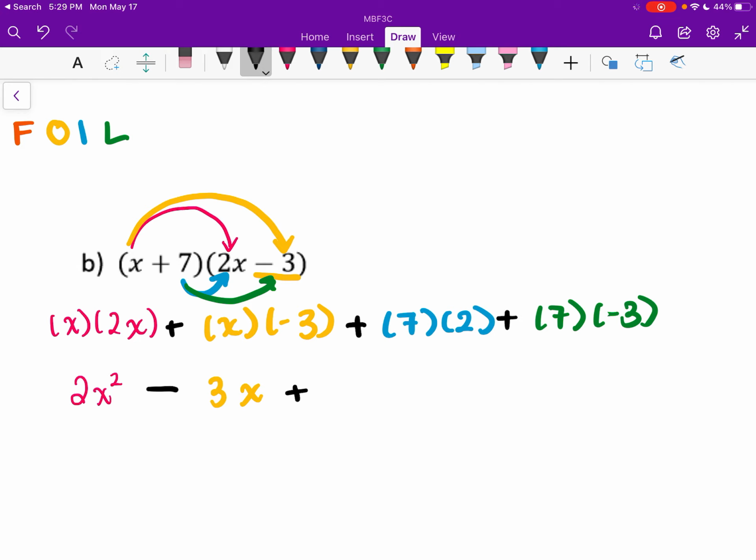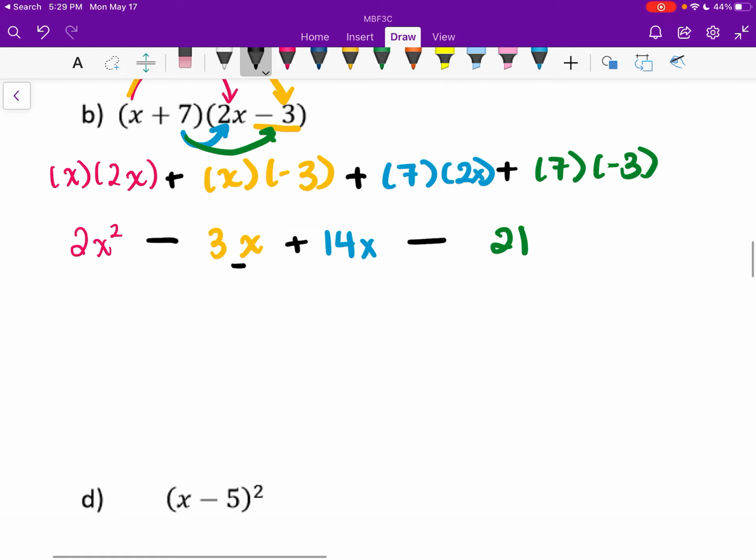Plus 7 times 2, which is going to give me 14x. Oh sorry, that's 2x, so it should be 14x. Don't get that wrong. Plus 7 times negative 3 is going to be negative 21. The positive and the negative just become a negative.